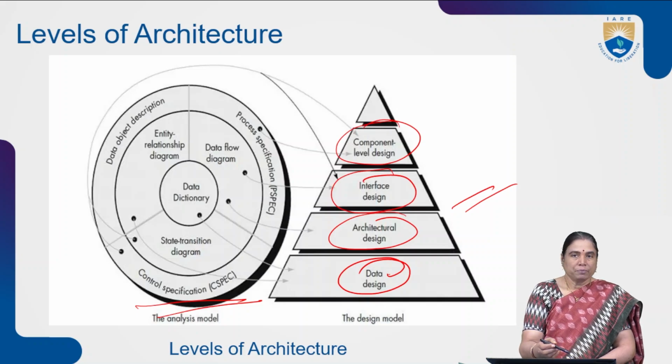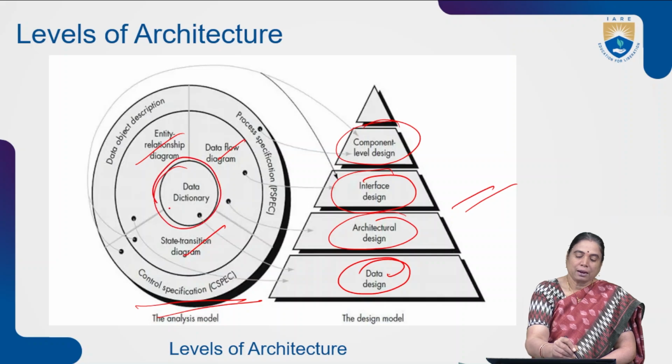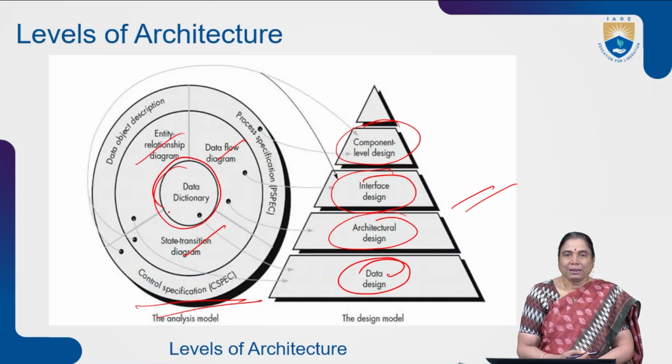A variety of diagrams can be used in the analysis model to represent the behavioral and static aspects of the project. So the state transition diagram, data flow diagram, and entity relationship diagrams can be used for this purpose. The data dictionary is the central kernel of the project, which provides the backend of the project and has a greater impact on the execution and providing of services to the customer.